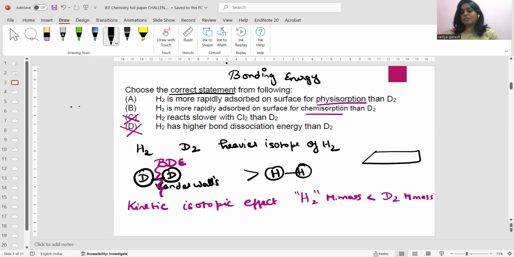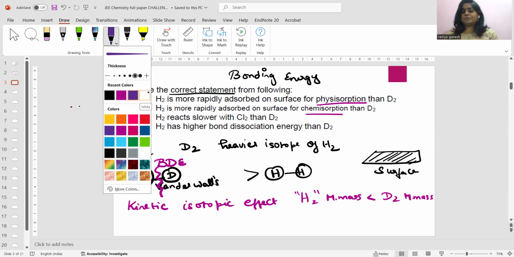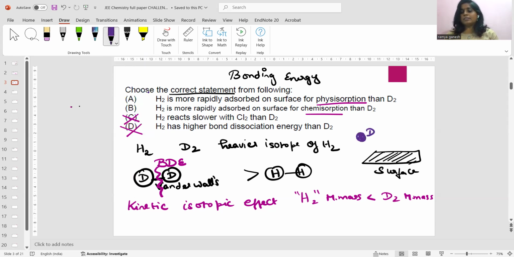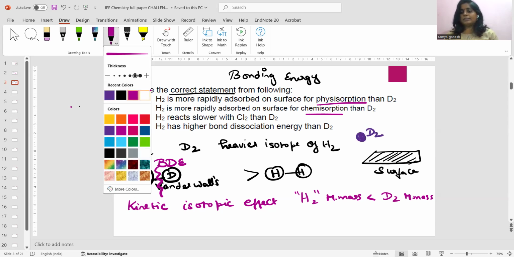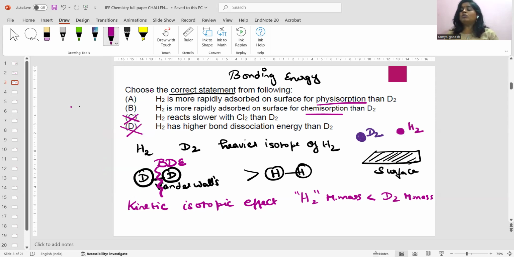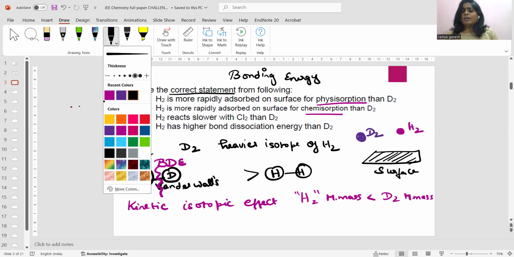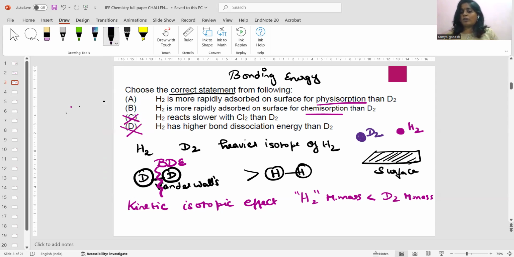So if there is a surface, let us say any metal surface, any carbon surface, and let me consider this is deuterium and this is hydrogen. If both of them are coming to participate to get adsorbed on the surface, which one would get rapidly adsorbed?